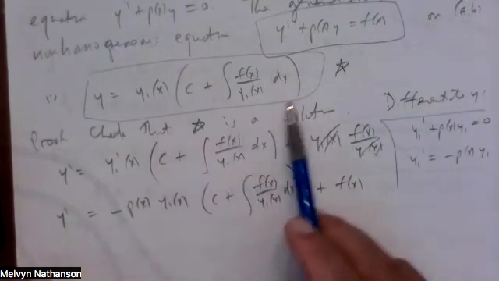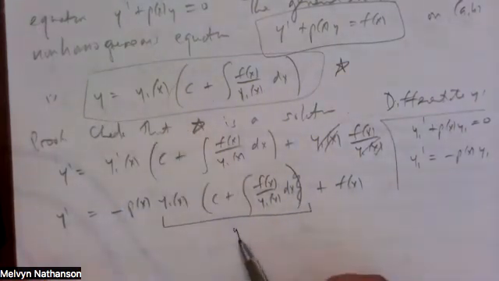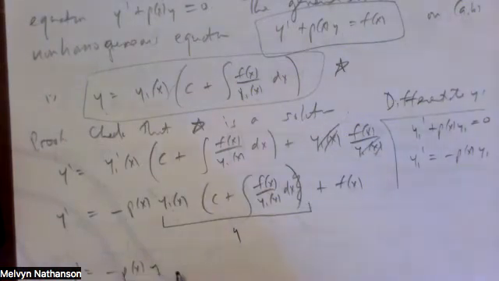Y1 of x times this is y. So you get y prime is minus p of x times y plus f of x.